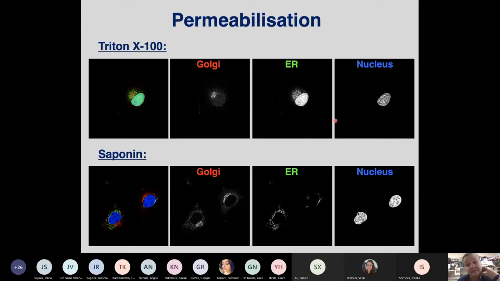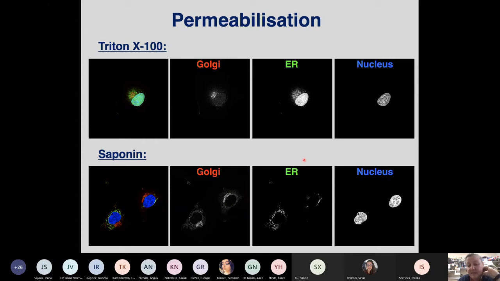And what I'm massively concerned about is that I have all this signal in the nucleus, which I have counterstained with DAPI. If I use exactly the same cells, exactly the same fixation, and the only difference is which detergent I use, suddenly with the Golgi we see these textbook-like stacks of Golgi apparatus. And this is relatively comparable.